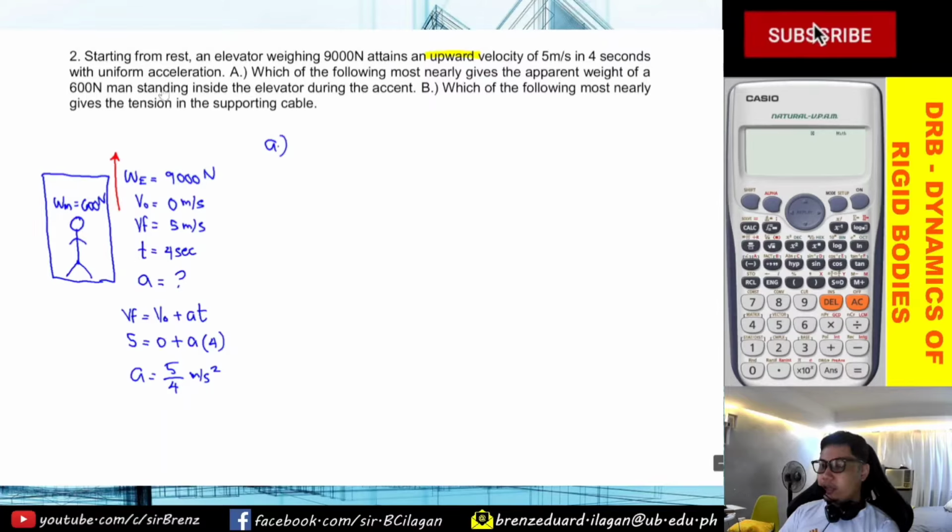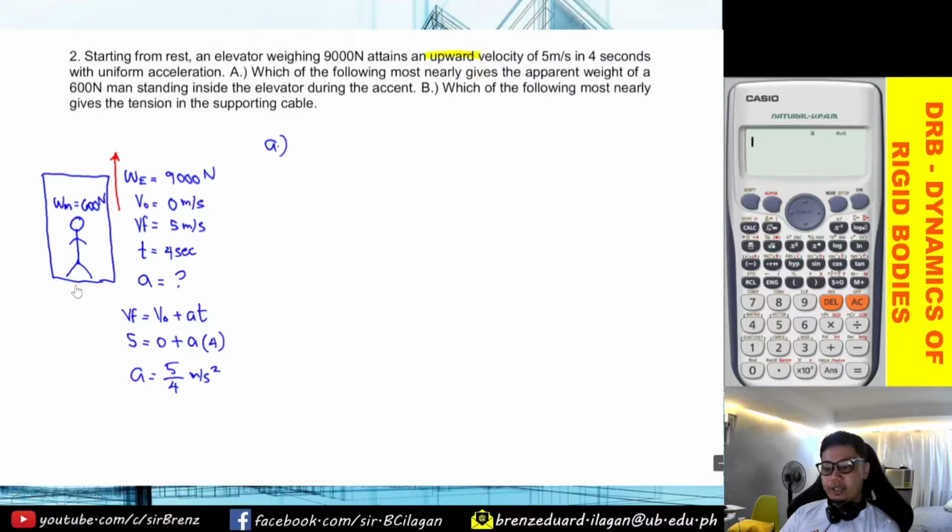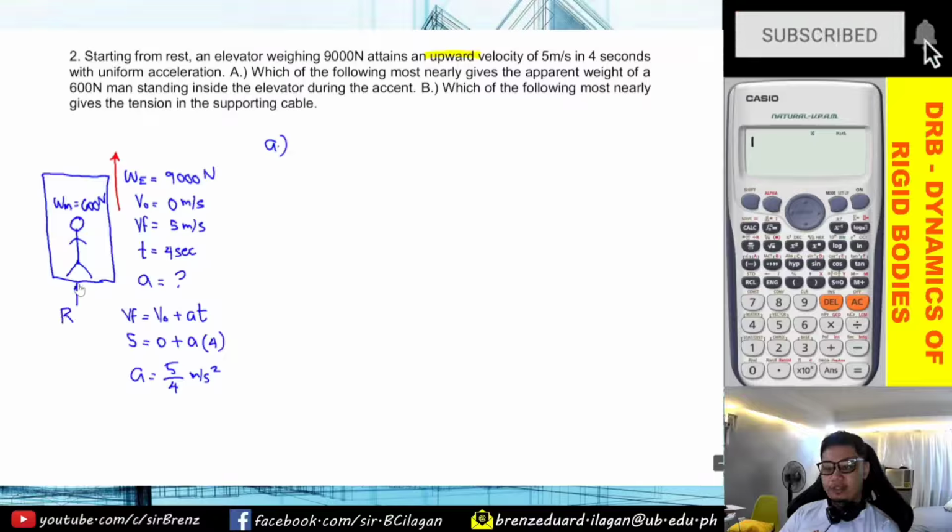So, apparent weight of a 600 Newton man standing inside the elevator during the ascent o yung pagtaas ng elevator. Okay? So, ito kasi meron siyang reaction, let's just say na i-denote natin to as upward. Meron siyang reaction na ma-exert dun sa floor ng iyong elevator.